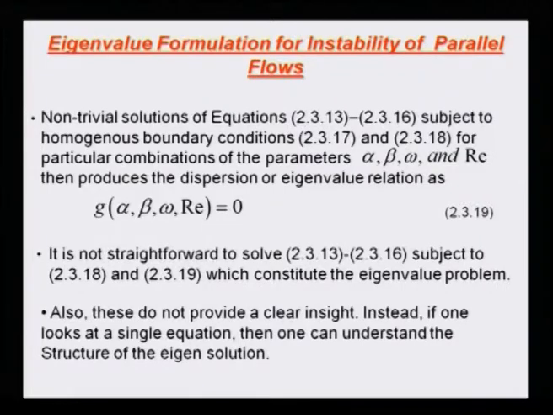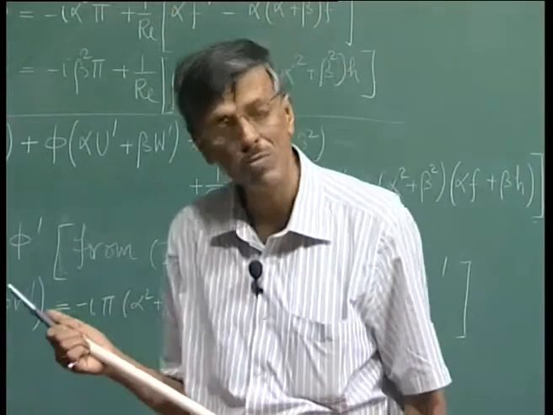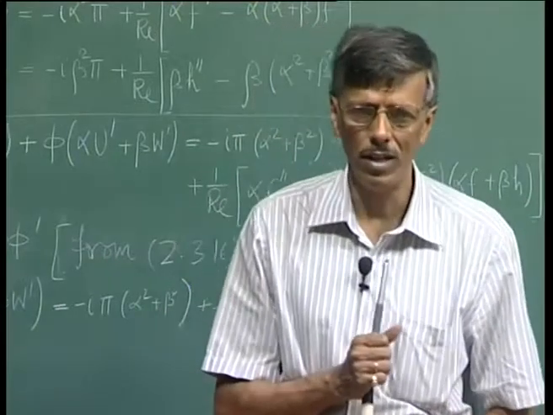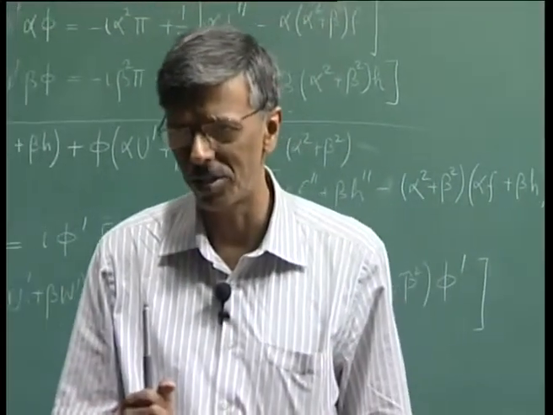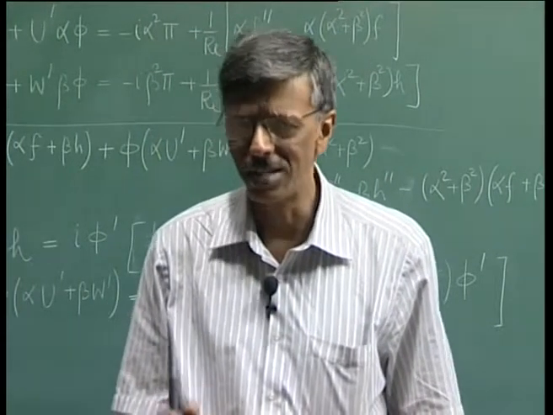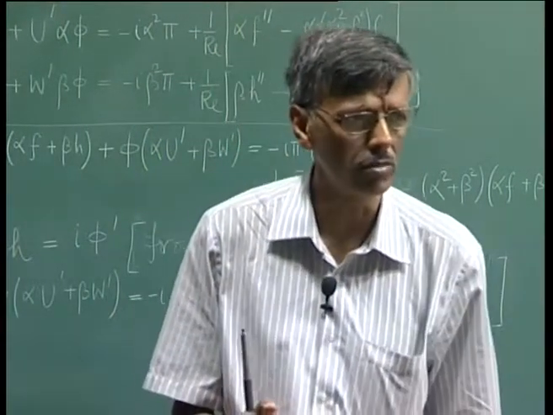We will demystify this eigenvalue concept shortly, but what we would find is that, mathematically speaking, if I have a homogeneous equation with homogeneous boundary condition, the natural solution is the trivial solution.